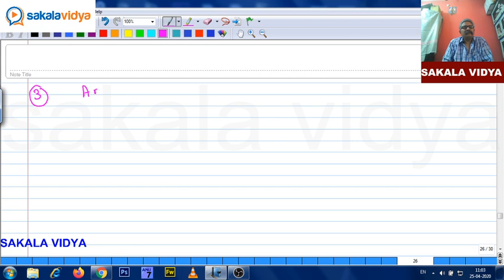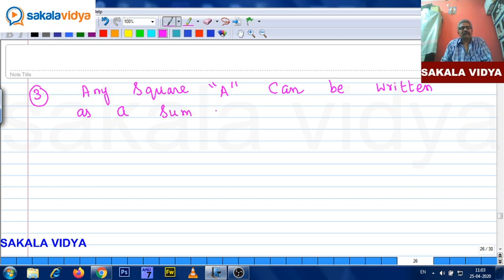Any square matrix A can be written or expressed as a sum of a symmetric and skew symmetric matrix.